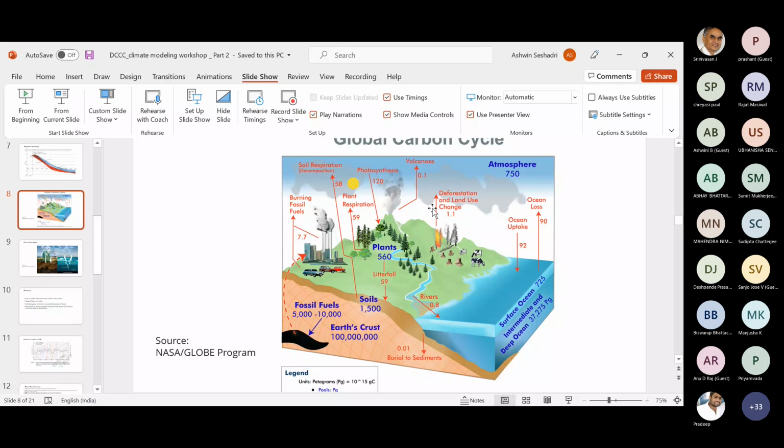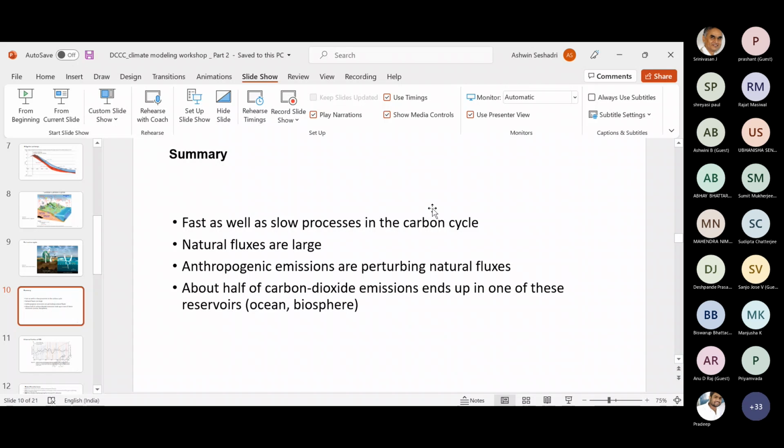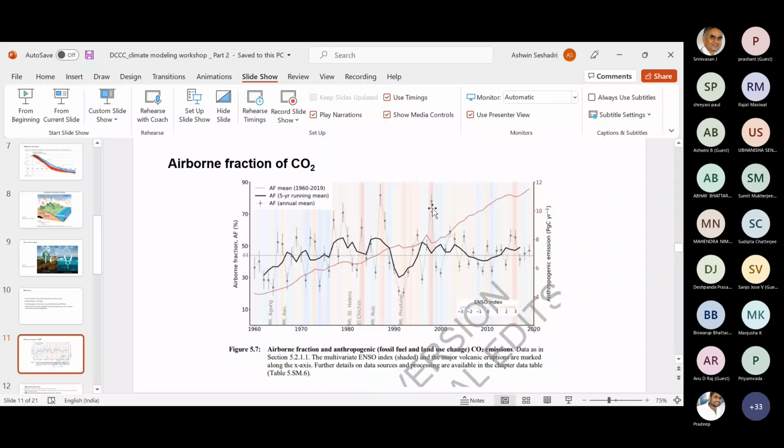The burial to sediments is 0.01. The transfer from the surface ocean to the deep ocean, which is not shown here, is also very, very slow. So since the fast carbon cycle takes up about 50%, and the slow carbon cycle takes a really long time to act, about 50% of the CO2 emissions are airborne at any given time.